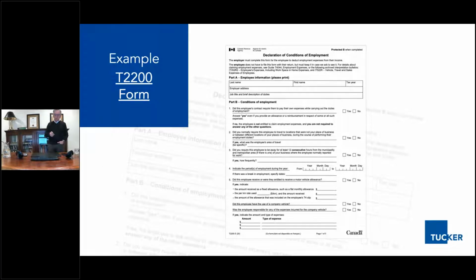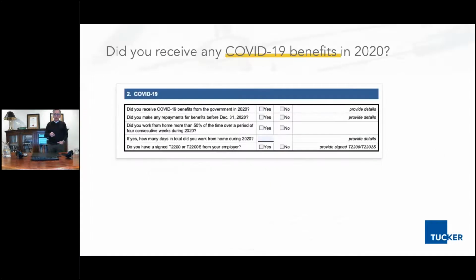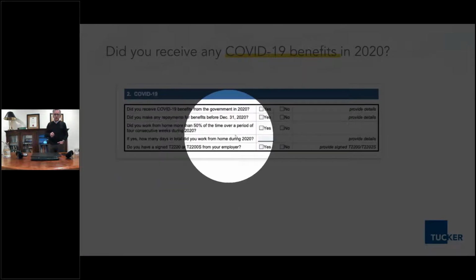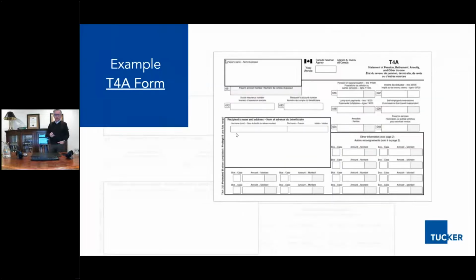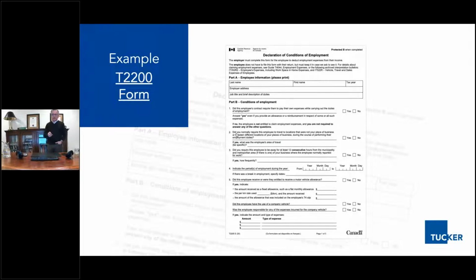All right, now I want to go on to this document because the next item on here, I'm going back, was did you work at home for more than 50% of the time? So the government has responded to the fact that so many people have worked from home, and they've given 3 options this year that people can claim a portion of their home expenses.